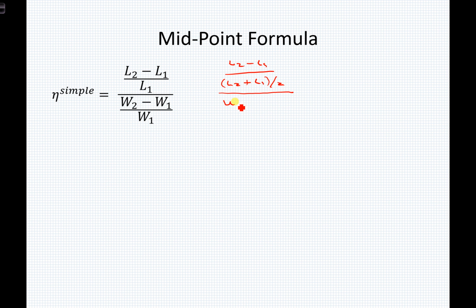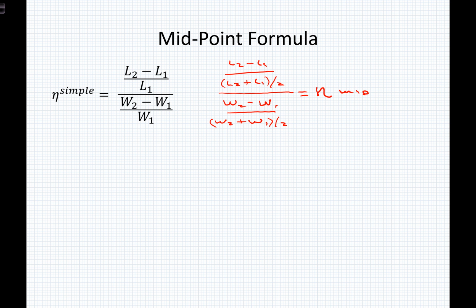And now once again, we have W2 minus W1, and that is divided by W2 plus W1 divided by 2. So we have the same numerators in each of these parts of the equation, but rather than using the starting point as our denominator, we're using an average between the starting and ending point as the denominators. And that is our midpoint formula.